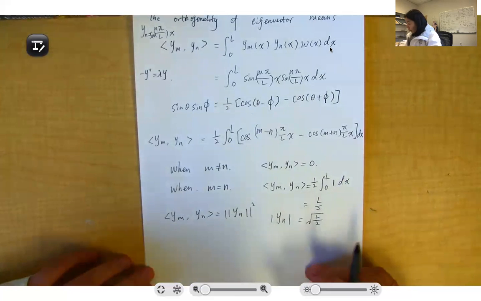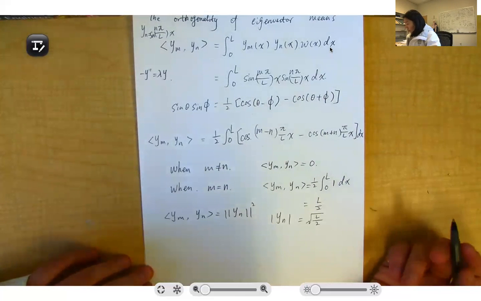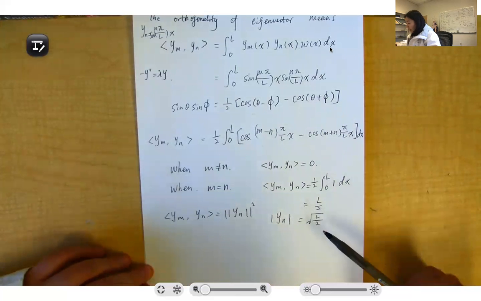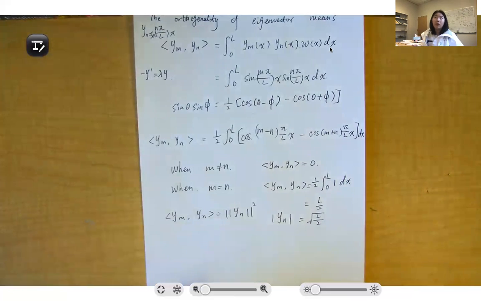And what we can get is what your Fourier series is to represent your smooth function f(x).